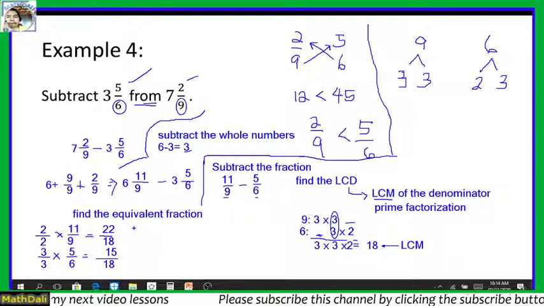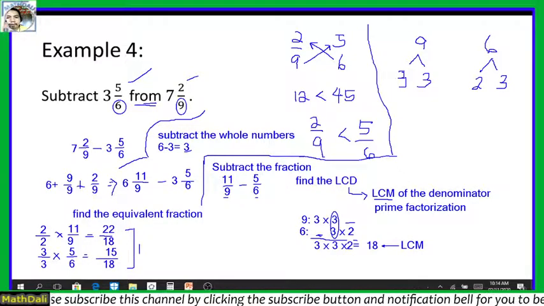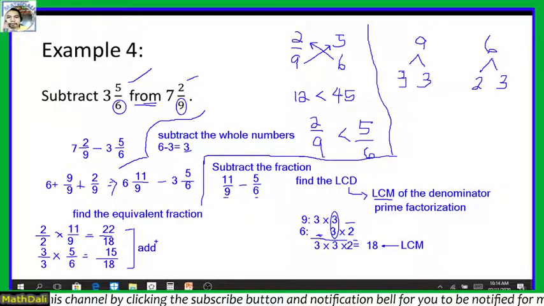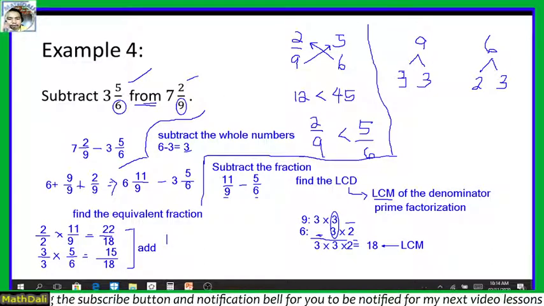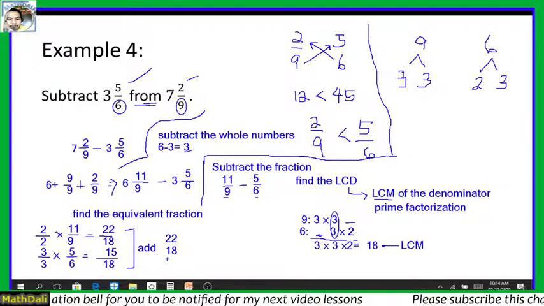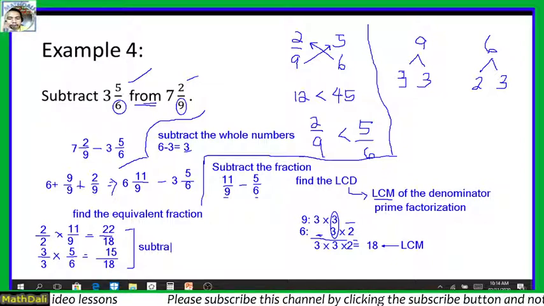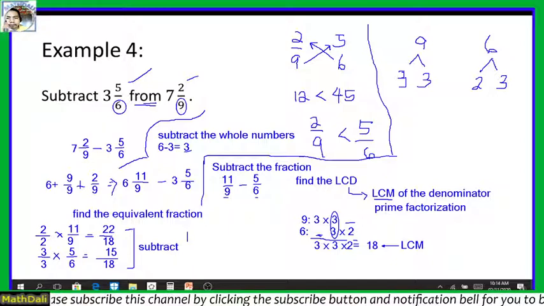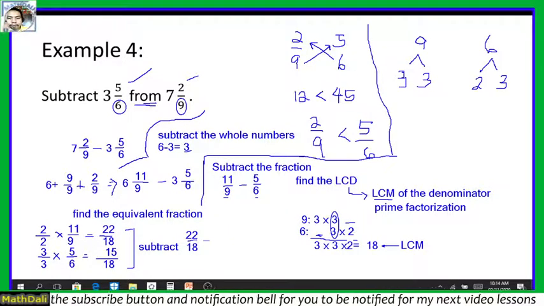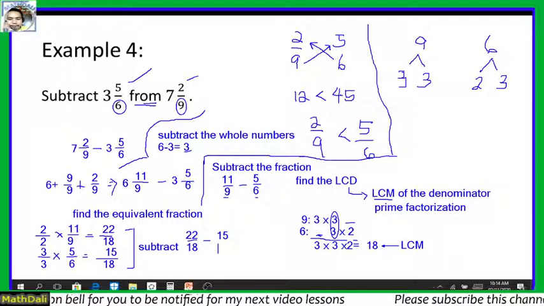And next, ang gagawin na natin is to subtract. I-subtract na natin yung dalawang equivalent fraction, 22 over 18 minus 15/18.